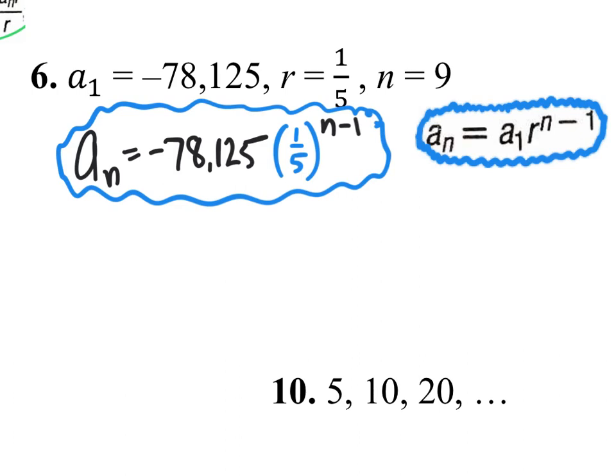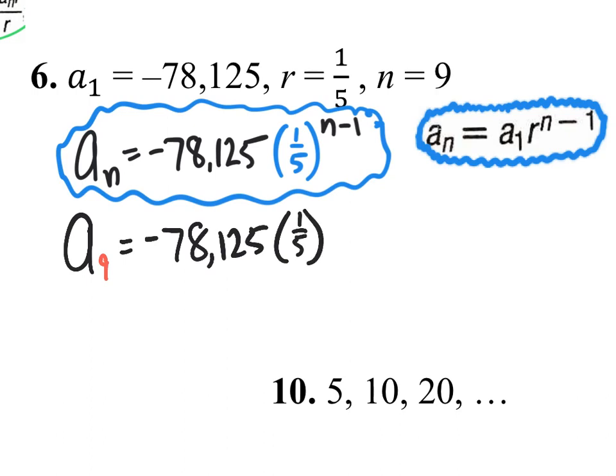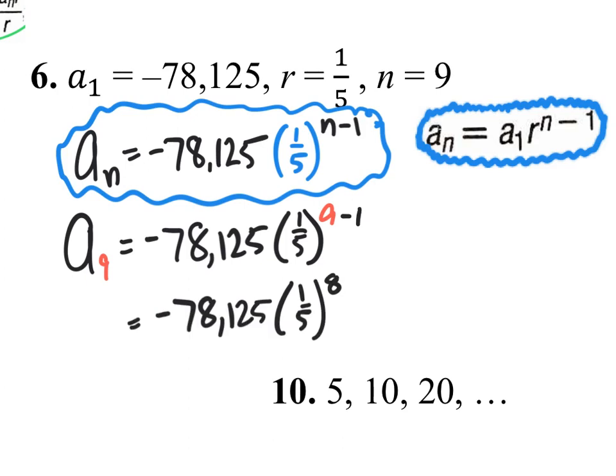So in other words, that 9th number, a sub 9, is going to equal negative 78,125 times 1/5 to the power of 9 minus 1. Let me rewrite this as, instead of 9 minus 1, let's put an 8. And of course, it is calculator time.